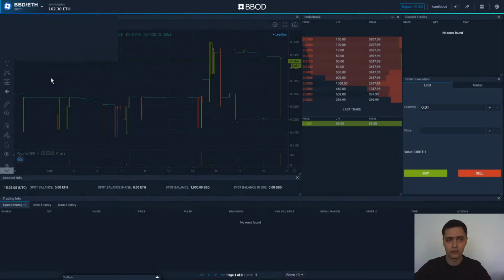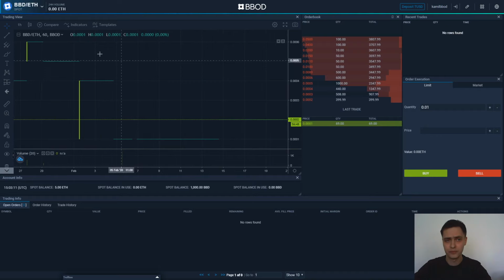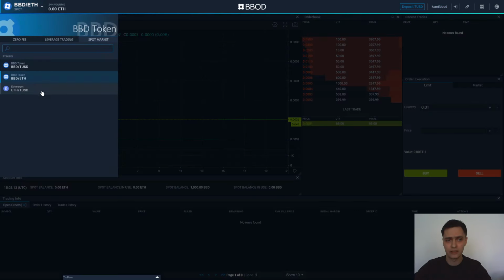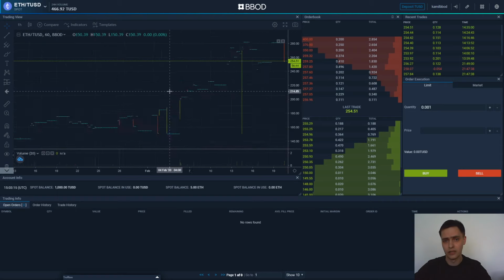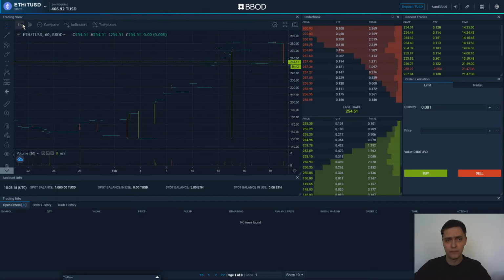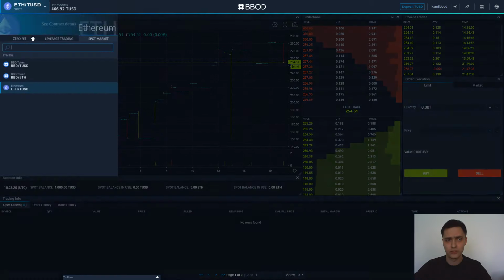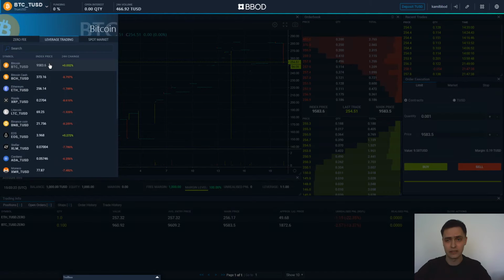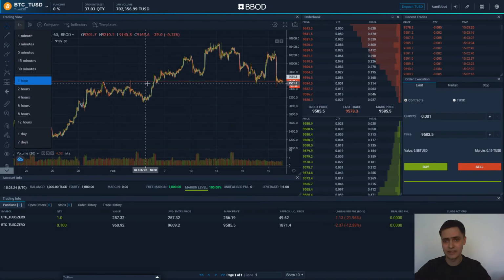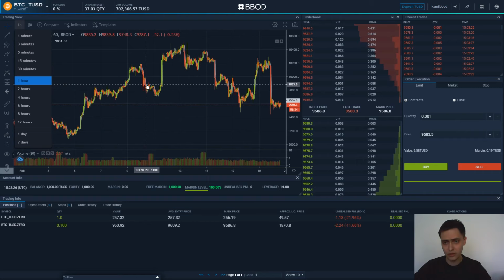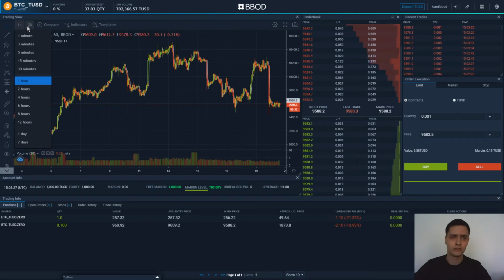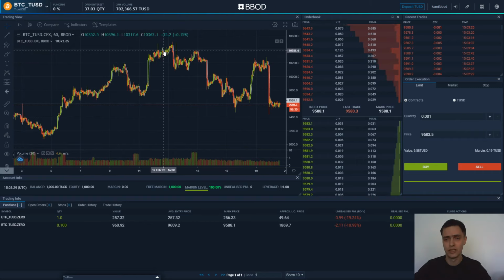We have also BBD to Ethereum and Ethereum to true dollar spot markets, because when you register, you can send Ethereum, you can send your BBD token if you have any, or true dollars. We will accept all these three coins and you can just move them around on the spot market.